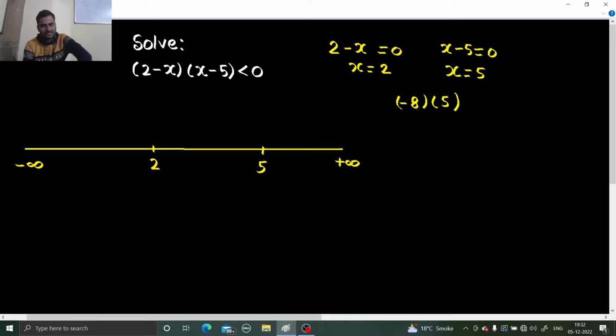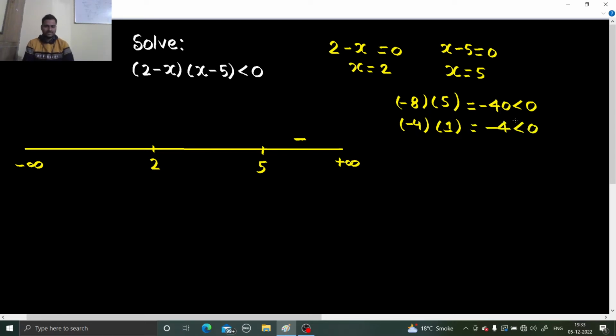So of course this is minus 40, clearly strictly less than 0. So this is giving you a negative. Take any other value, let's say 6. So 2 minus 6 is minus 4, 6 minus 5 is 1. Again giving you minus 4, which is again less than 0. So you decided that in this region the sign is going to be negative.